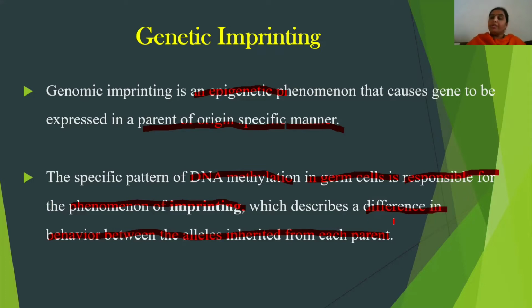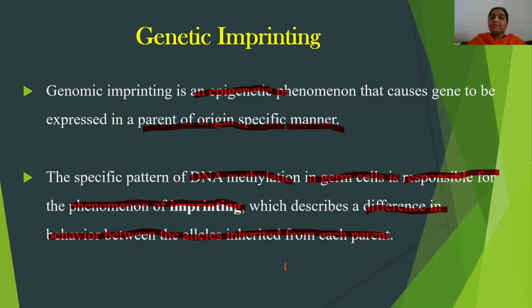And the two alleles are behaving differentially. How? IGF2 is silent from the maternal side of the chromosome, and H19 is silent from the paternal side of the chromosome.